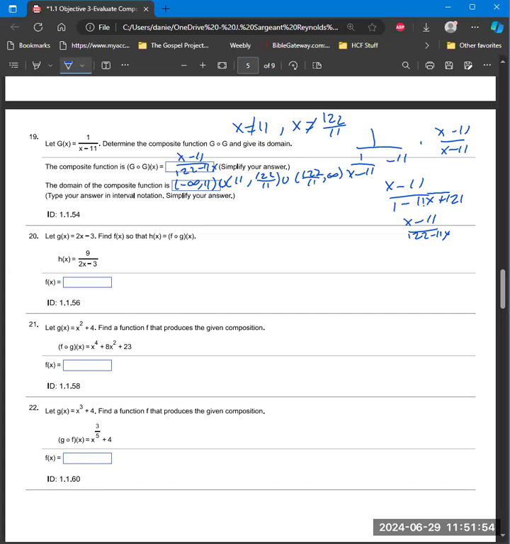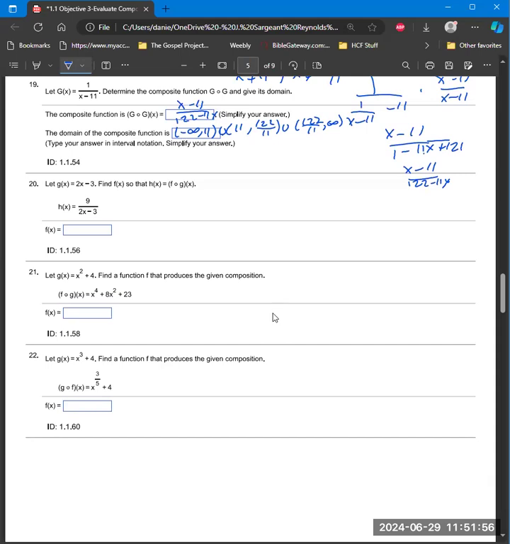All right. g of x equals 2x minus 3. Find f of x so that h of x equals f of g of x.